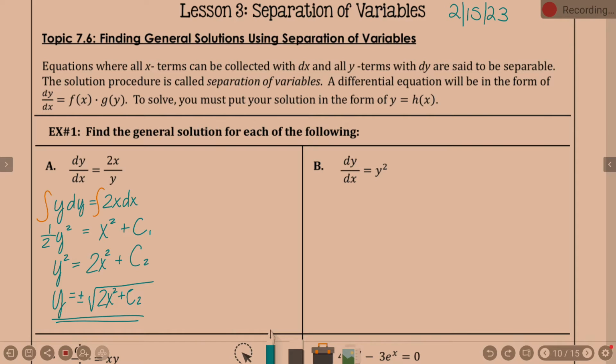And so the other way that you will often see this one expressed is, I personally would have said y squared minus 2x squared equals C2. Again, I think you could also see it as 2x squared minus y squared equals C2. And this all comes down to the fact that we don't have a specific point to use. We don't have a specific solution.